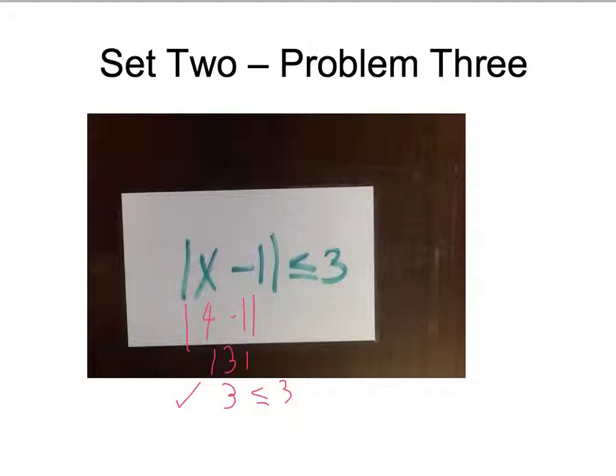Let's try 0. 0 minus 1 is negative 1. When I take the absolute value of that, I get positive 1, which is smaller or equal to 3. It's smaller than 3. So that is another solution. So plug in all the numbers to see what works and what doesn't.